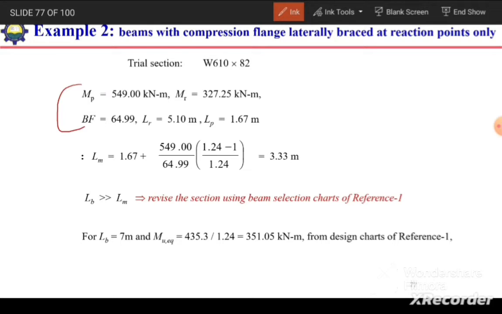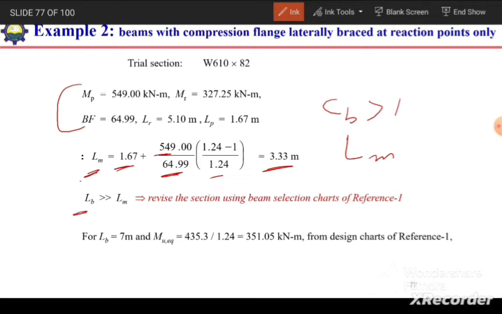As in this case CB is more than 1, we need to consider LM instead of LP. So we need to calculate this LM value, which is LP plus MP over BF, CB minus 1 over CB. So it comes out to be 3.33 meter.